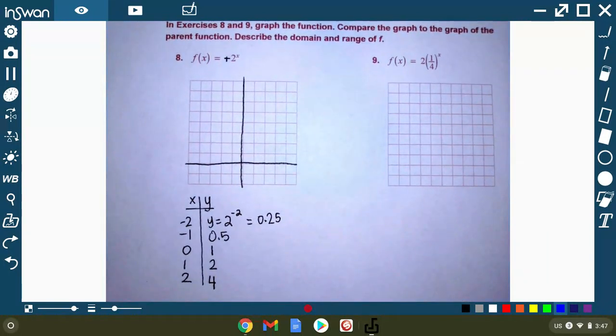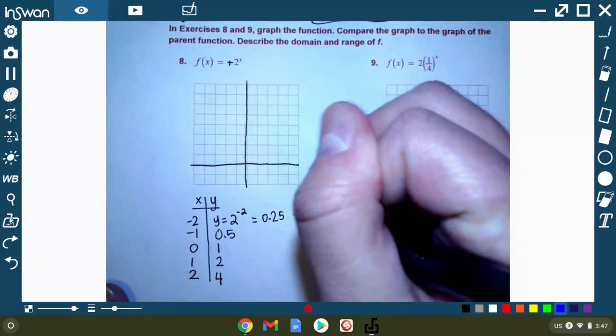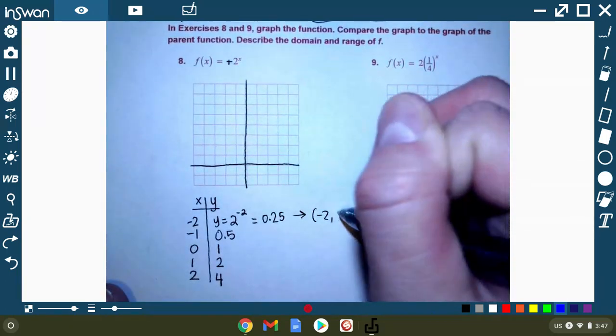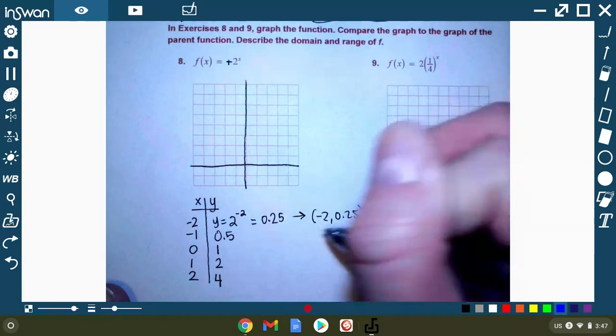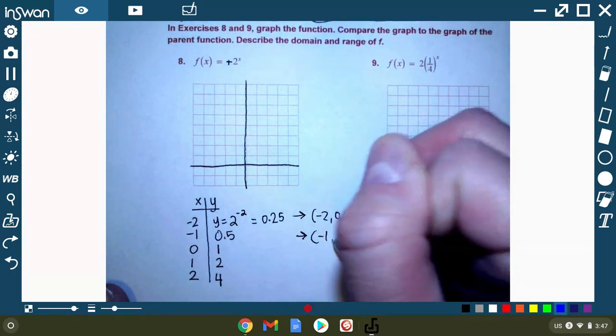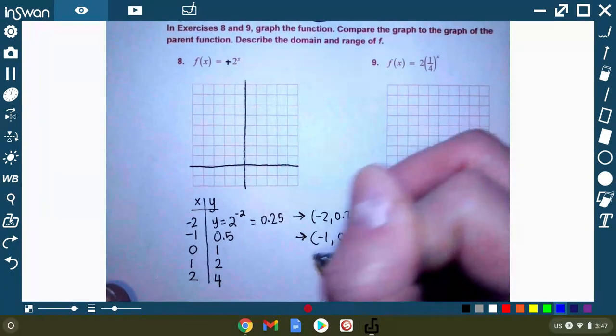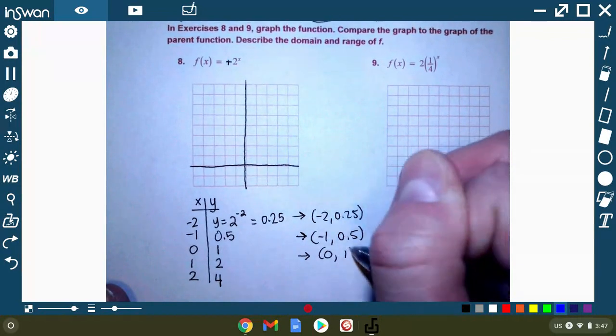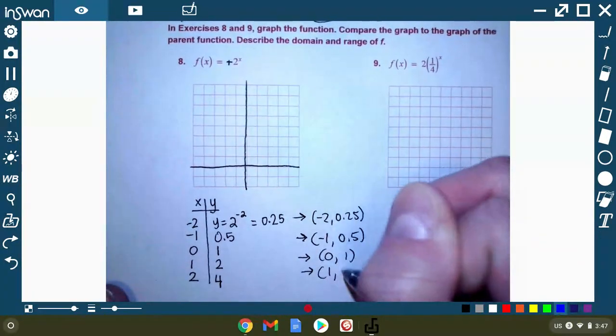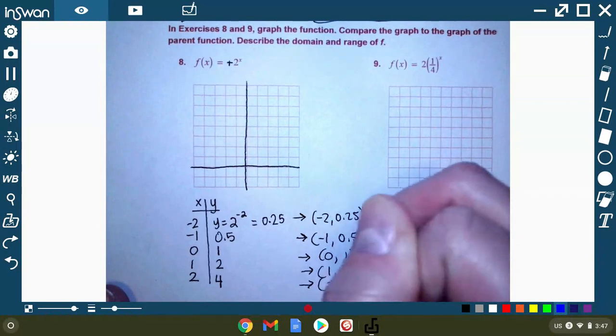Now we take each of those values and they become our coordinate points. So we're going to graph the point negative 2, 0.25, then negative 1, 0.5, 0, 1, 1, 2, and 2, 4.